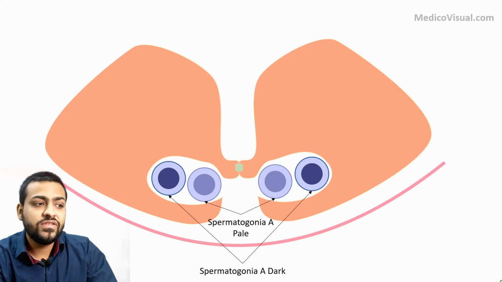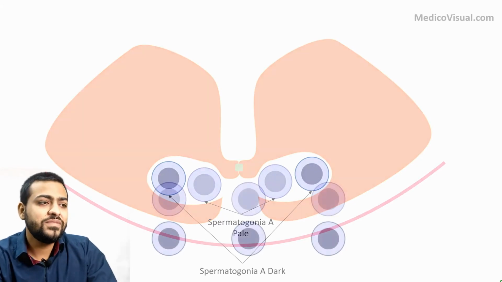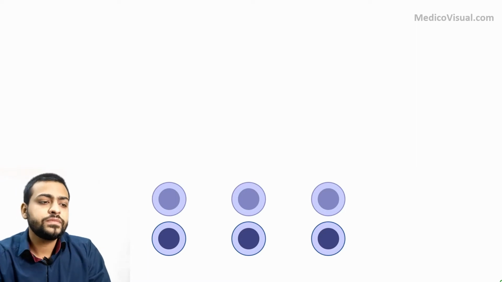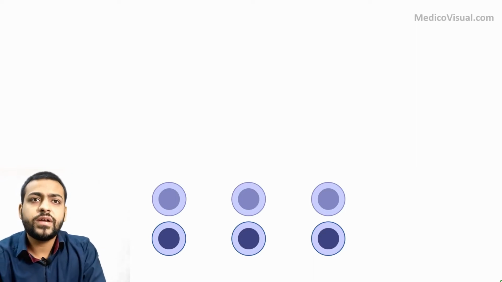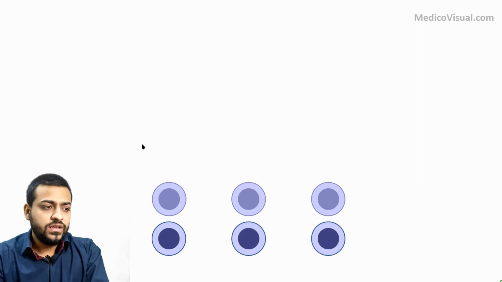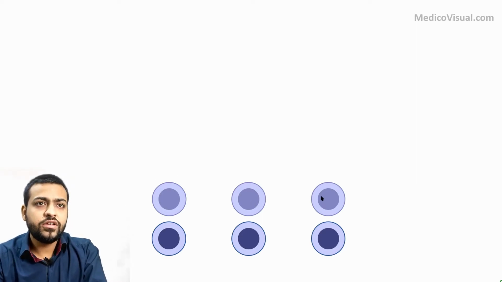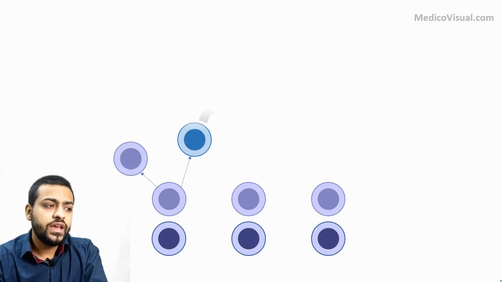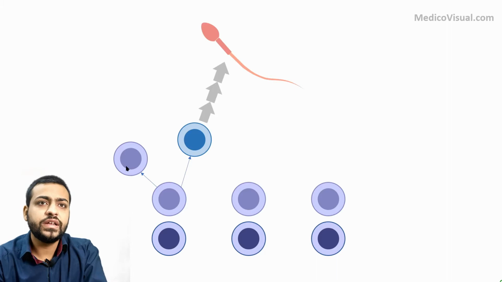I know this is confusing for you. Let's make it very simple, what these pale and dark spermatogonia mean. They are also called spermatogonial stem cells. The pale spermatogonia undergo mitotic division, simple cell division, and form two types of cell.